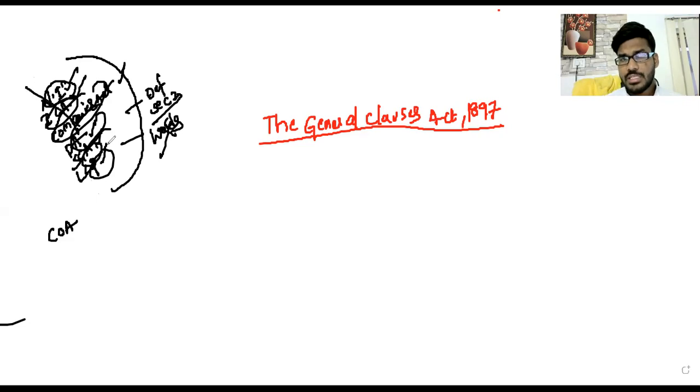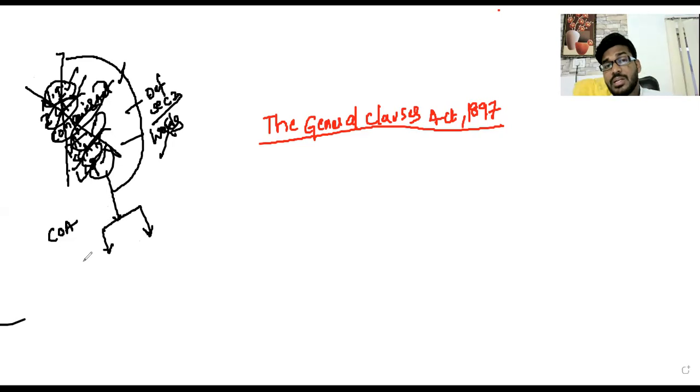Whenever some words are not defined under the respective acts, where should you get the definition? There are two options. What is the first option? They are not defined under the respective act, so they can give a reference to other acts.